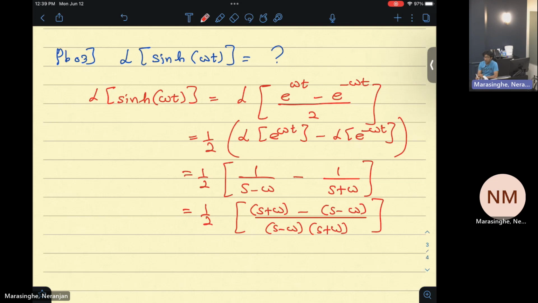In your numerator you would get 2 times omega. If you divide that by 2, you get omega. So you get omega divided by s square minus omega square.